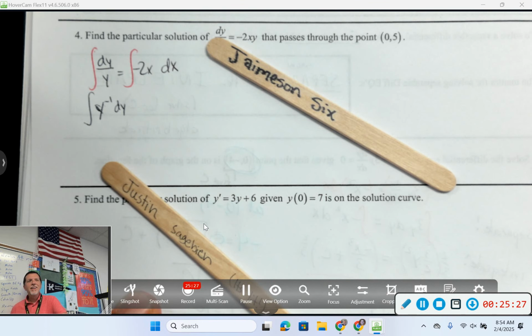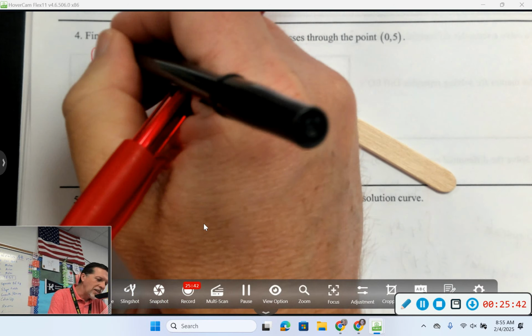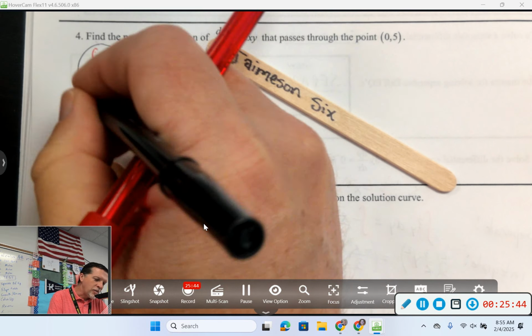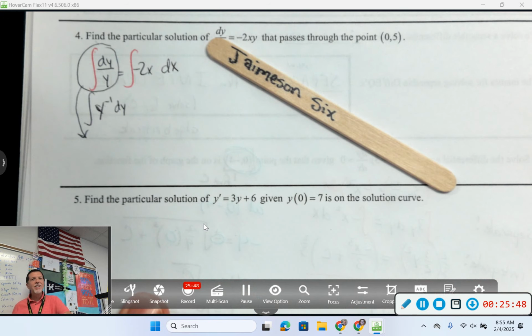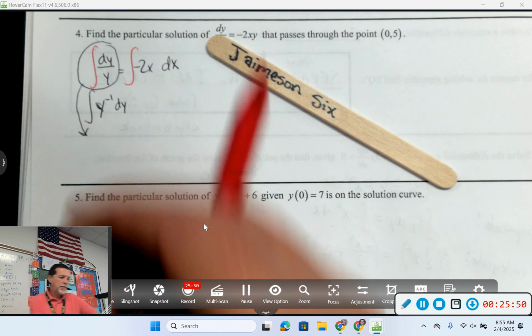If it's just y, you get y to the 0, and then you divide by your new power, 0. So this is the spot where the power rule doesn't work. It's the only spot where the power rule doesn't work, and hopefully you remember that. All right, somebody help him out. What's the antiderivative of dy over y? Natural log of y.